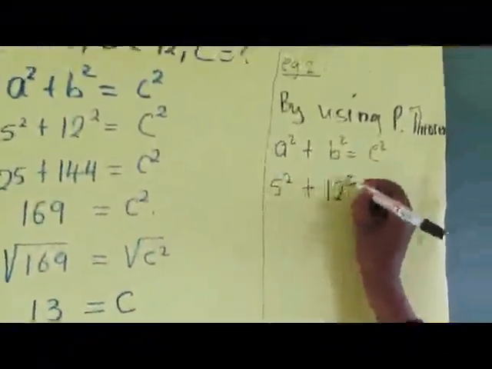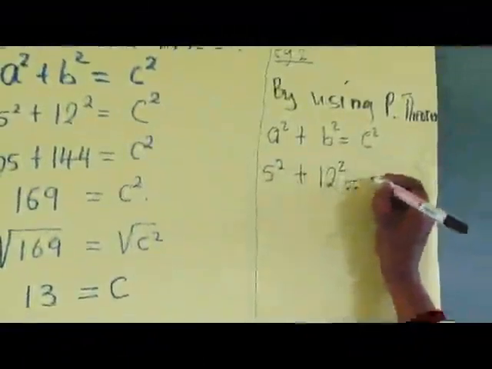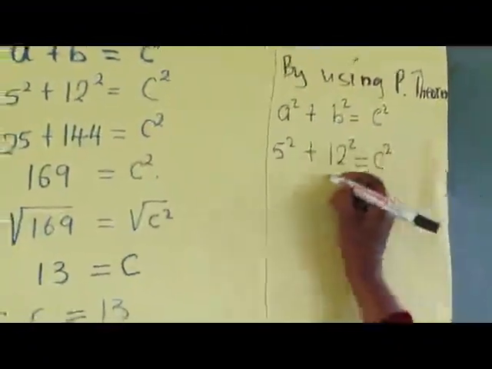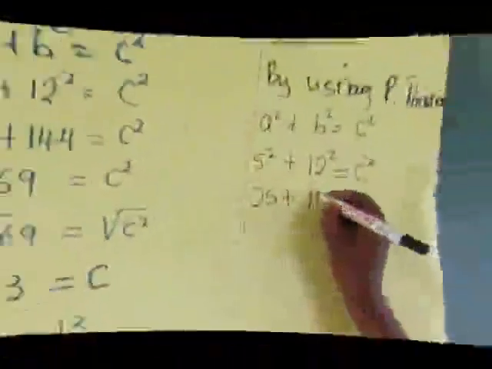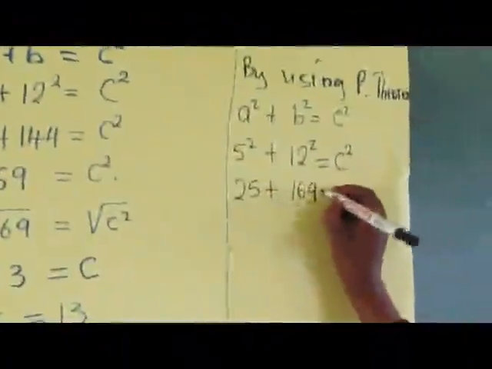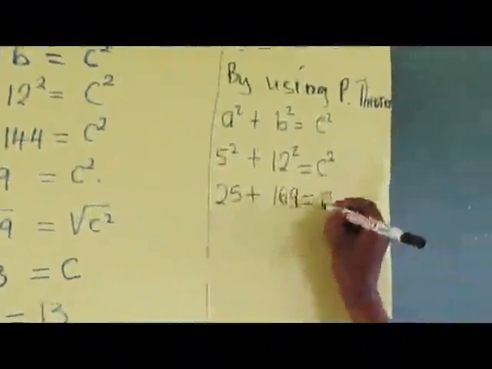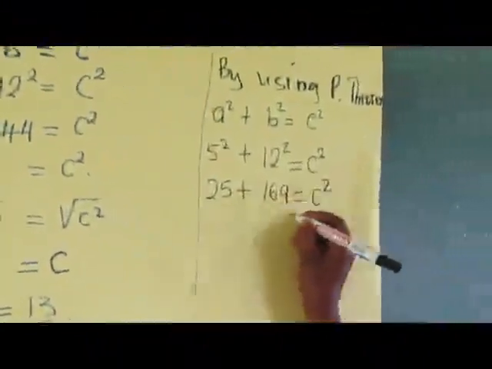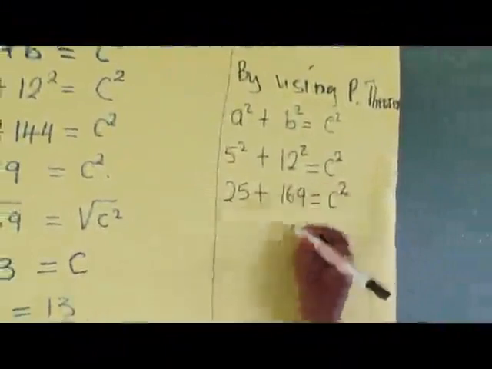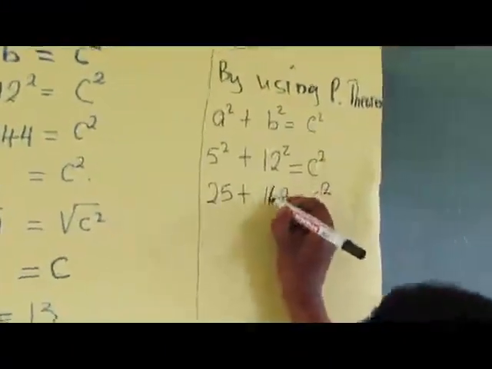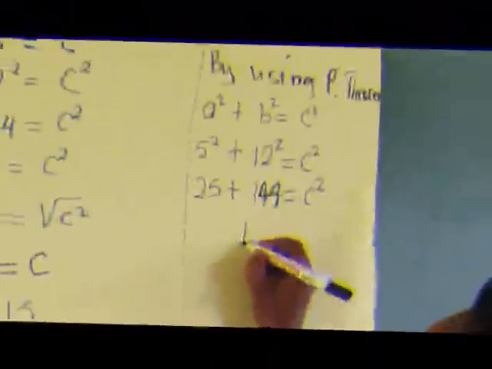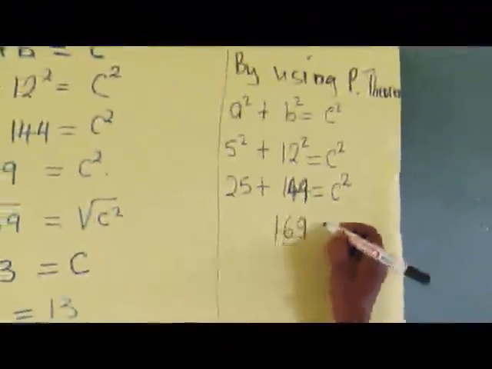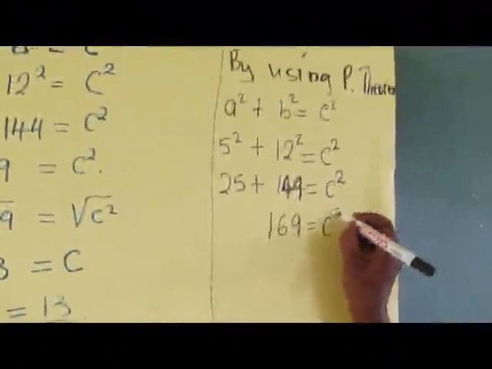What is the length of the diagonal? You don't know. This is 25 plus 12 square, which is 144. When you add this, the sum is 169, which is equal to C square.